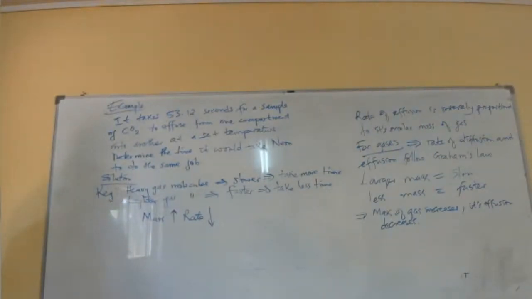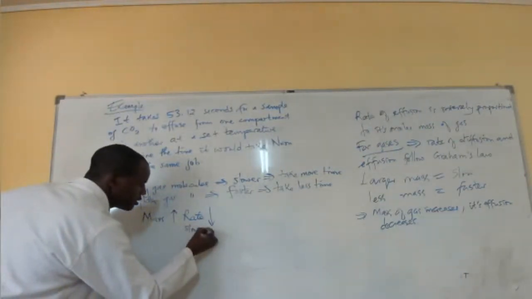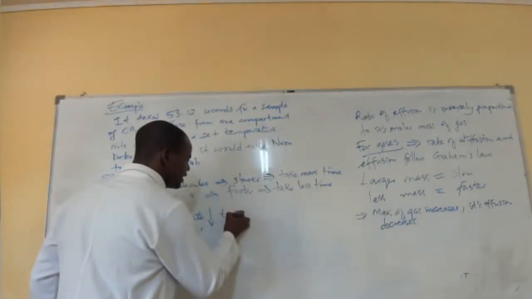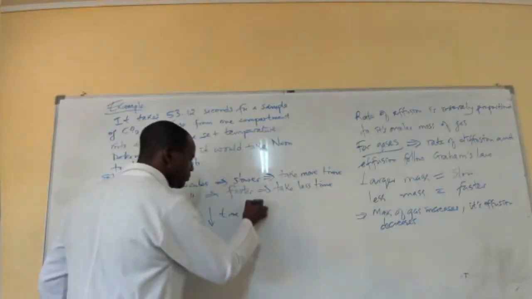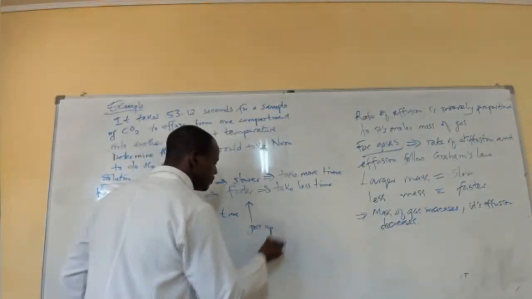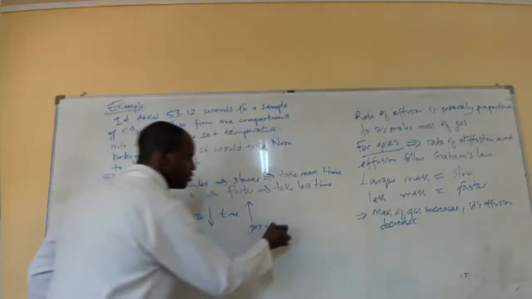So the rate of movement for the gas will go down, or rather it slows down. But what happens to the time spent? The time that is spent to do the job goes up.